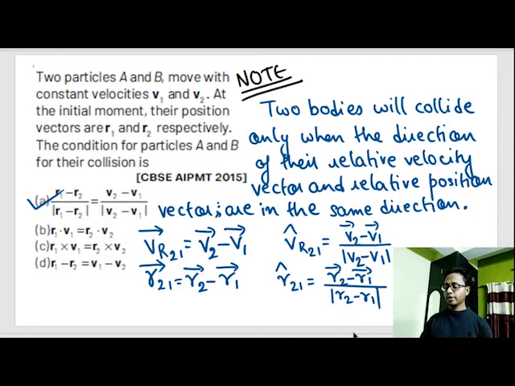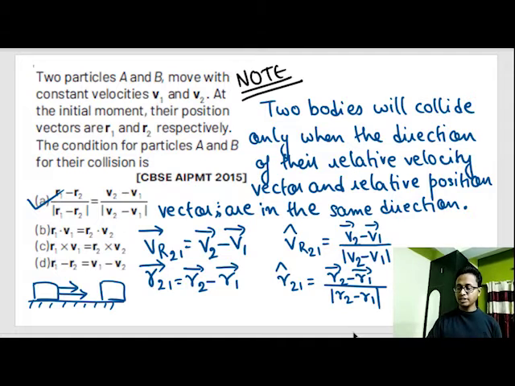Let's simplify what I told you. A body will only collide when the relative velocity and relative position are along the same line, that is, the unit vector of relative velocity and the unit vector of relative position are the same.